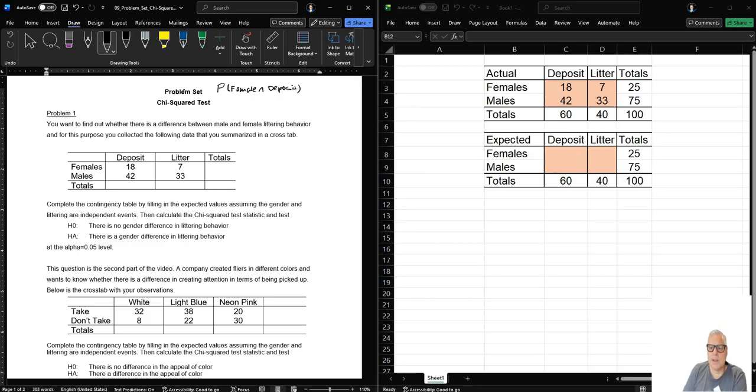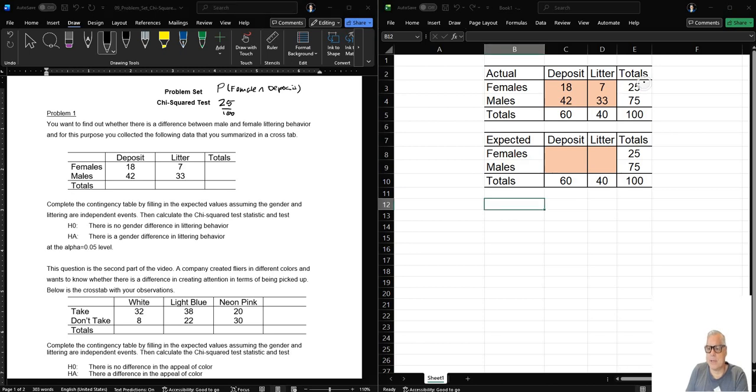Okay, so this would be equal to the probability that someone is a female, so that is the 25 over 100.